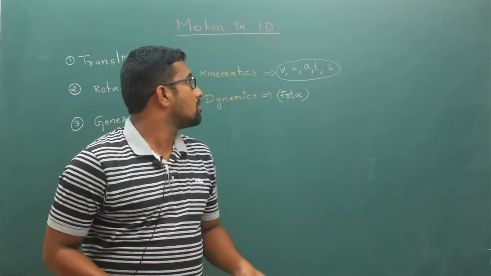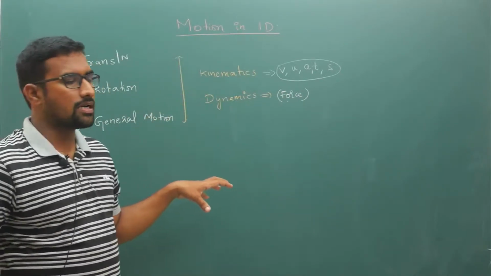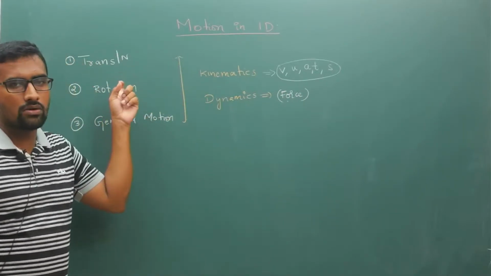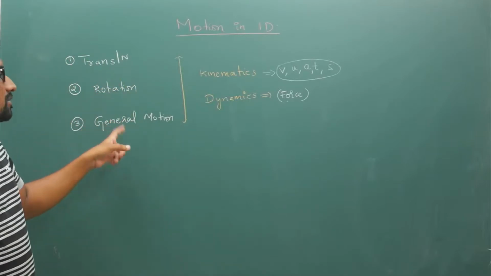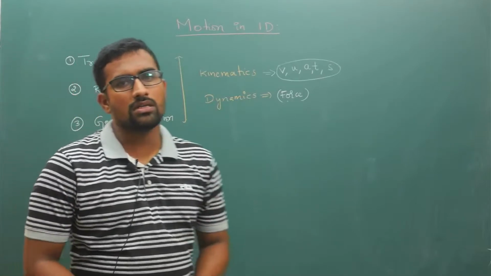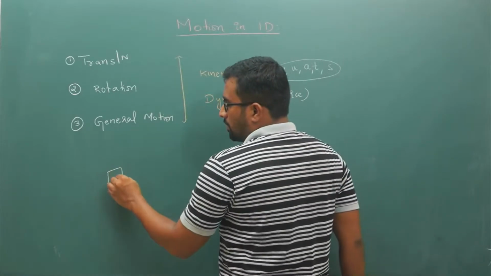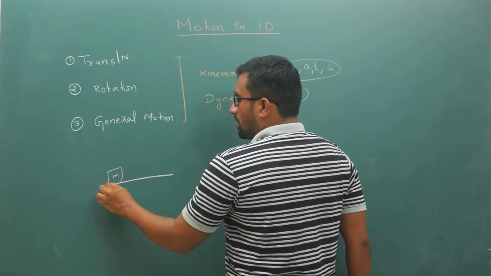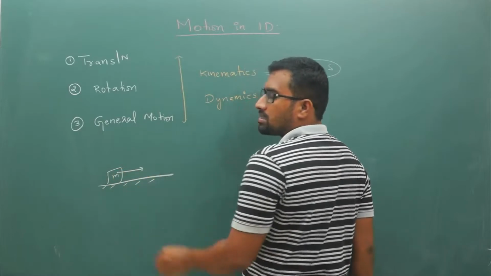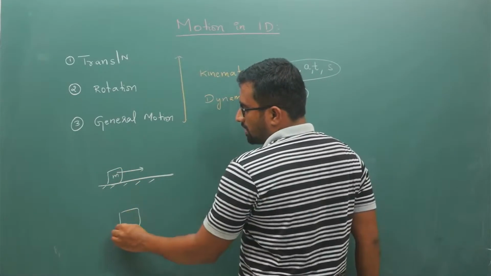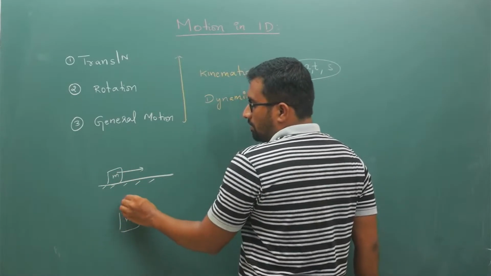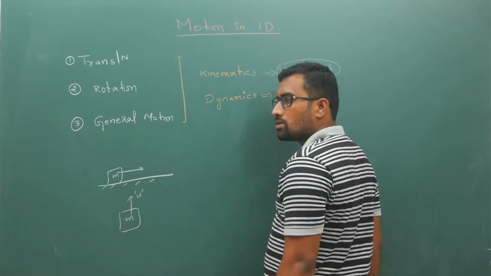Okay, so your body usually in one dimension, it will undergo different types of motion: translation, rotation and general motion. If you want the examples for this part, for translation I can say a block just simply going in a straight line like this is translation. Another example that I can give is just simply you take a block and throw it with some initial velocity u upwards.